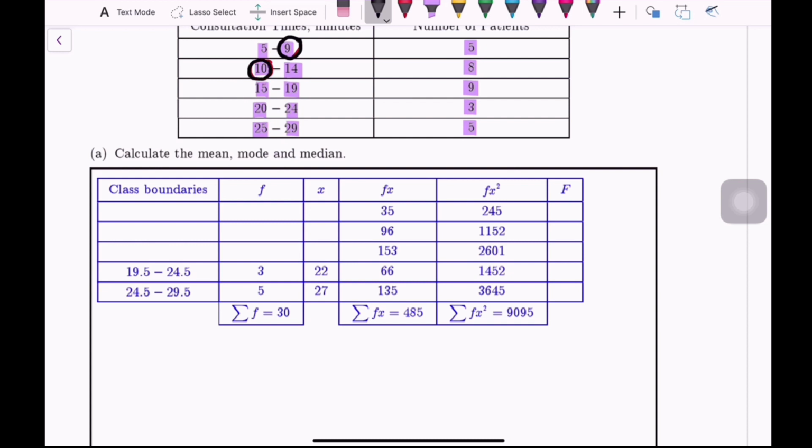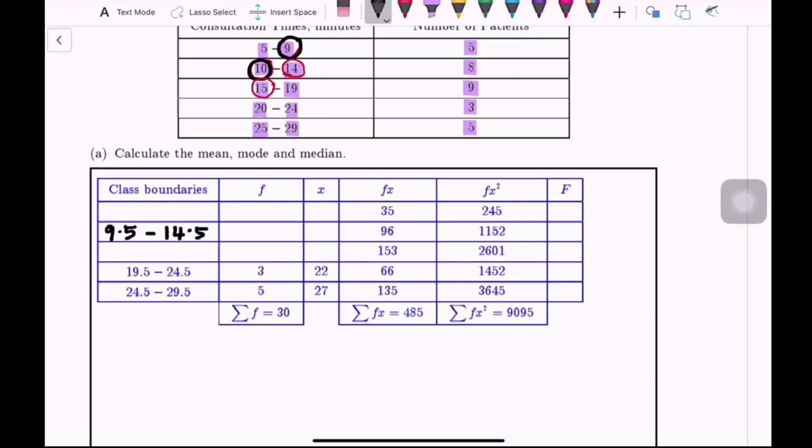So the midpoint that we have is 9.5. Then for the next values 14 and 15, the midpoint is 14.5.